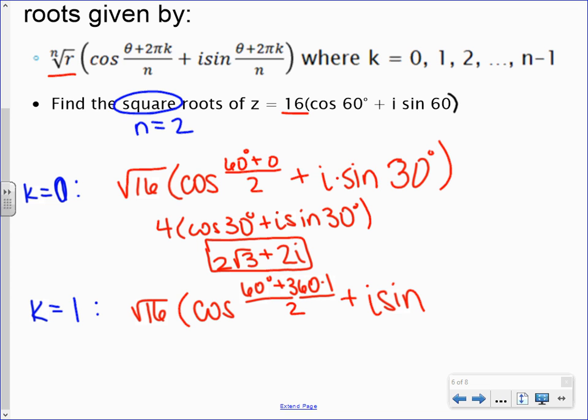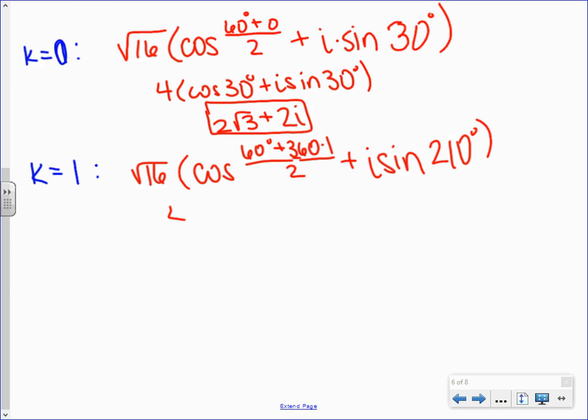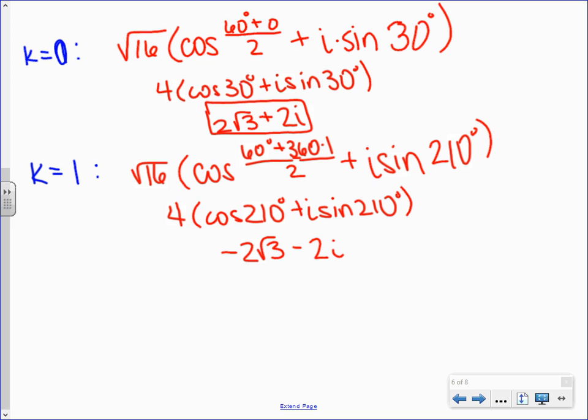Over 2. 210? Okay. So in trig form, our root is 4 cosine of 210 plus i sine of 210. Since the cosine of 210 is negative radical 3 over 2, and the sine of 210 is negative 1/2, this would be the standard form of our root.